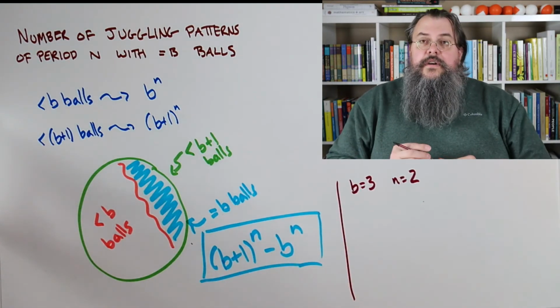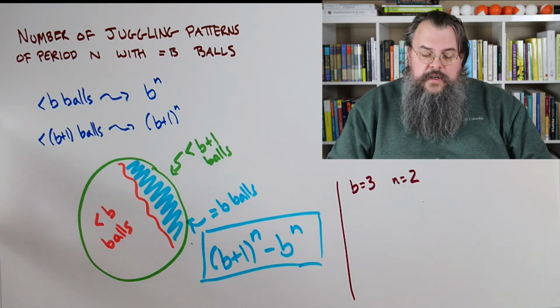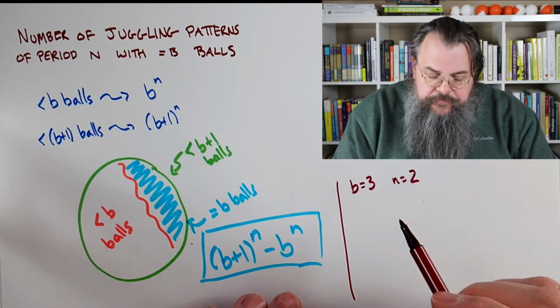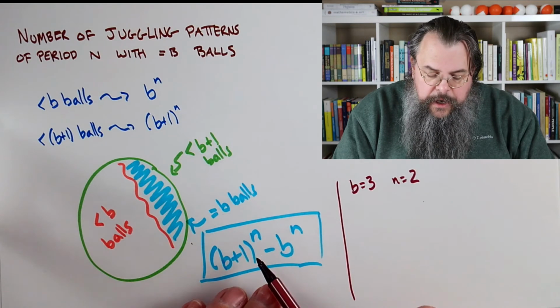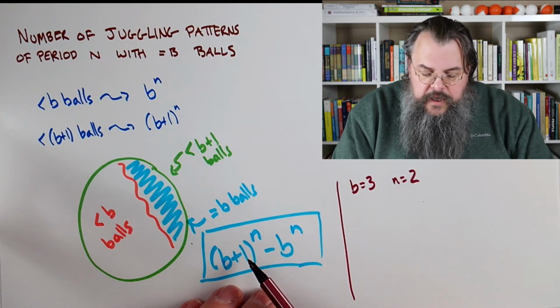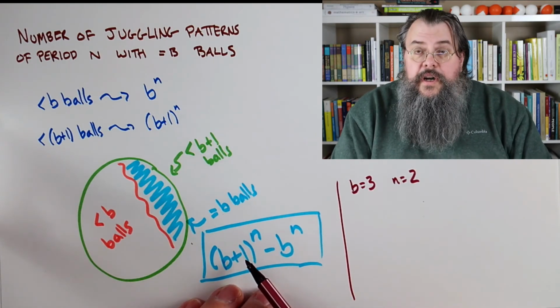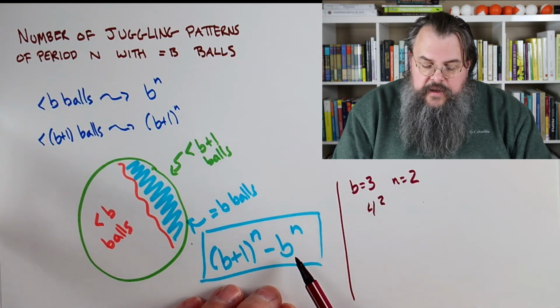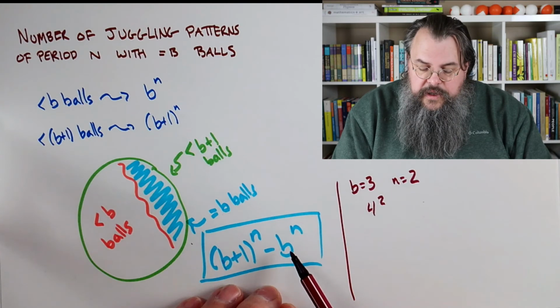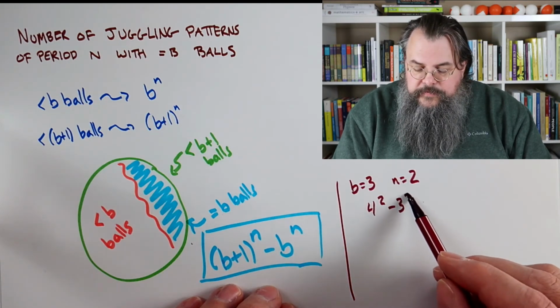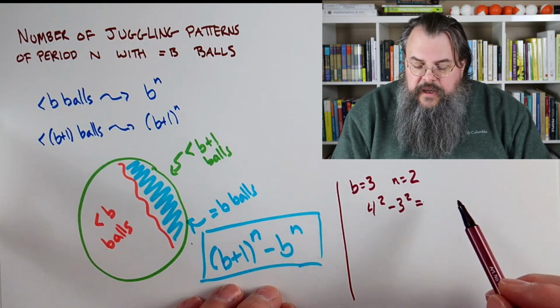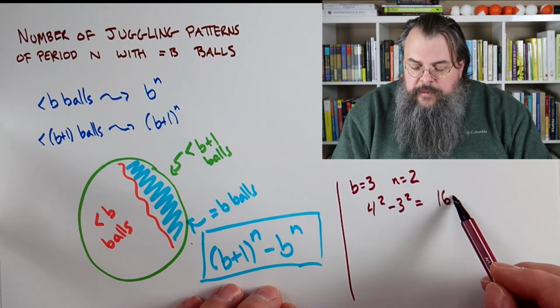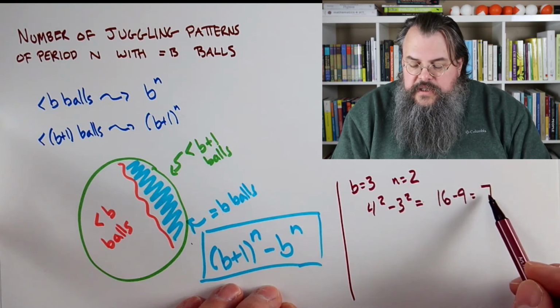Okay, so what's the answer? Well, of course, you can plug it in: b plus 1 is 3 plus 1, 4 to the power of 2. So it's 4 squared, and then it'd be 3 squared. Okay, so that would be 16 minus 9, which is 7.